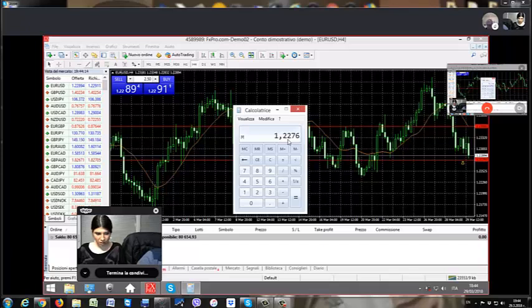Okay. If you are in profit and you are long, you have to detract 17 pips from the average of 122 and 93. And the result is 122 and 76.